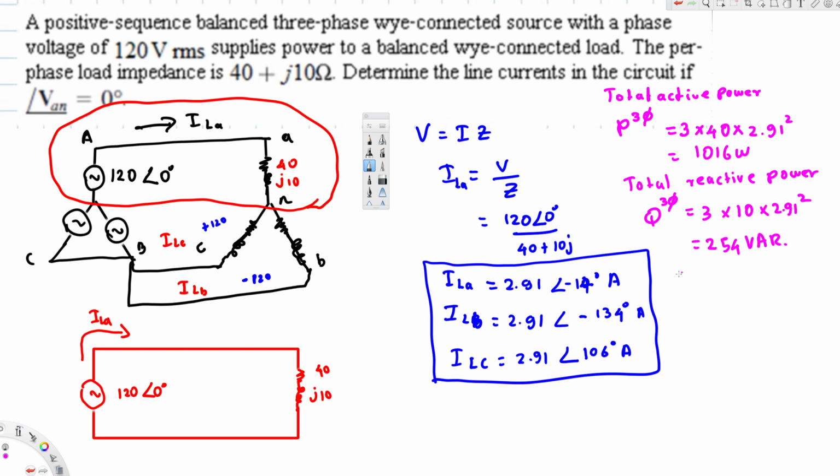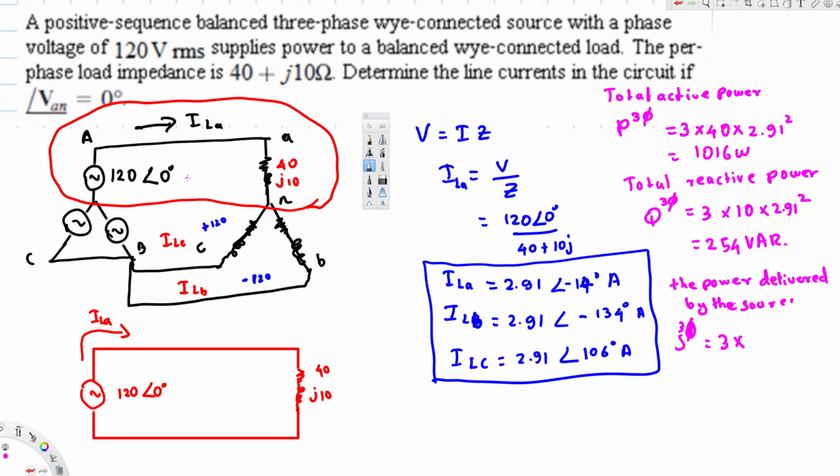Now if they ask for the total three-phase power delivered by the source, to find that one, since this is three phase, we multiply by 3, then V times I conjugate.